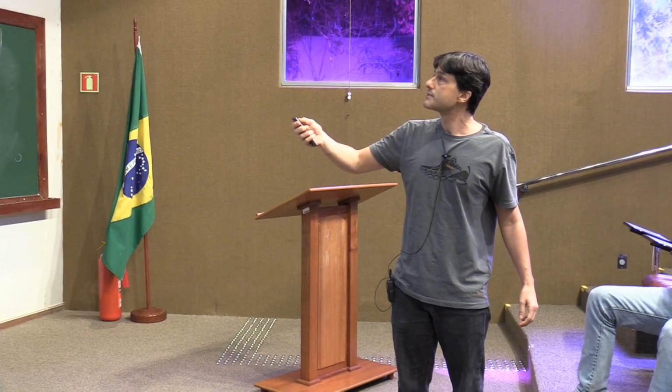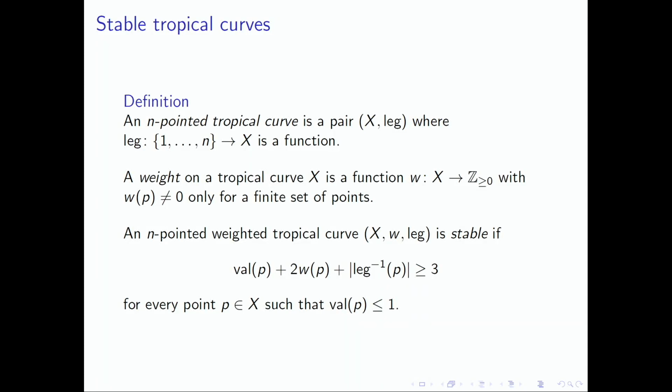Okay, so this is the notion, and we can also consider in some sense the analogs of the gadgets we had on an algebraic curve. So we can consider an n-pointed tropical curve, which is simply assigning n points on the tropical curve X, and we can consider weights.